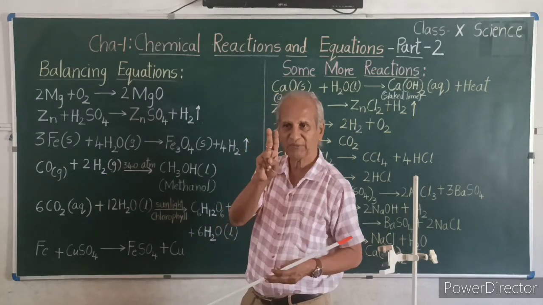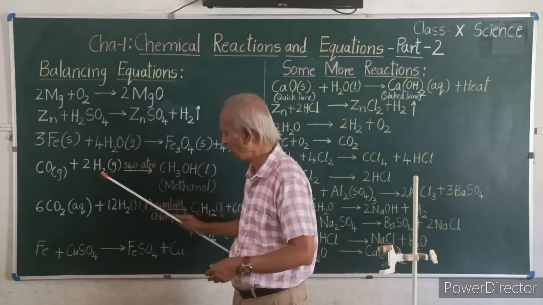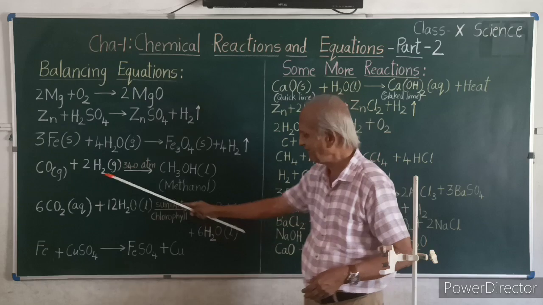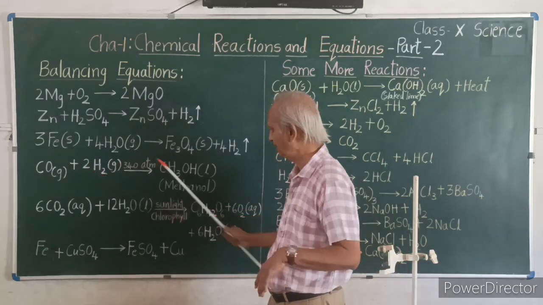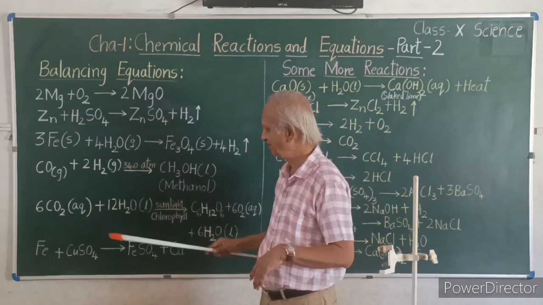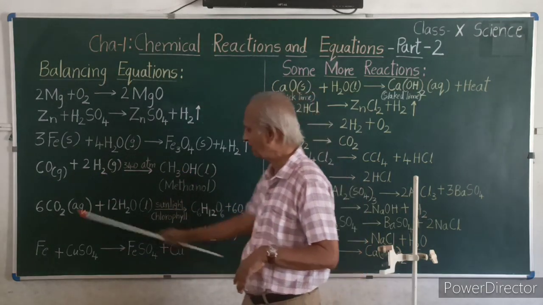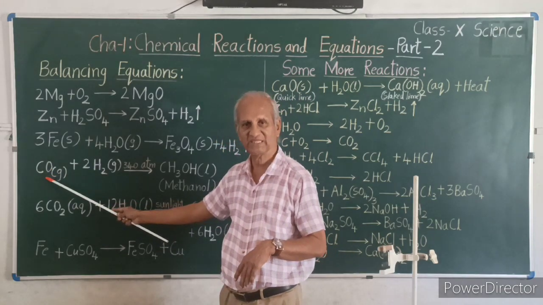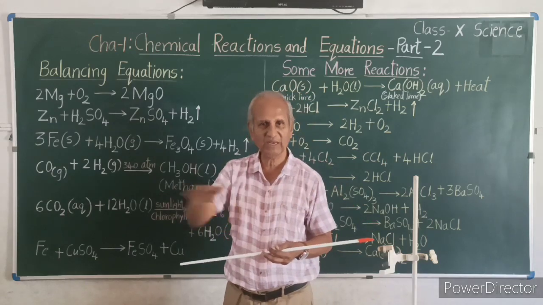In 2 molecules of hydrogen, you have 4 atoms. 2 into 2. Here you have 3 plus 1, 4. Here you have 2 into 2, 4 hydrogen atoms. It's balanced. So what's left out is 1 atom of oxygen here. It is balanced here. 1 atom of oxygen. With this, what can we say? Entire equation, the right and left sides are well balanced.